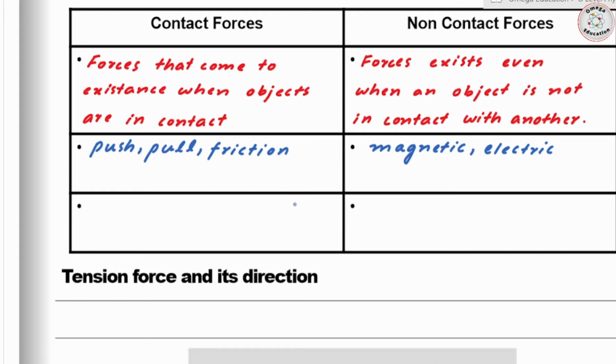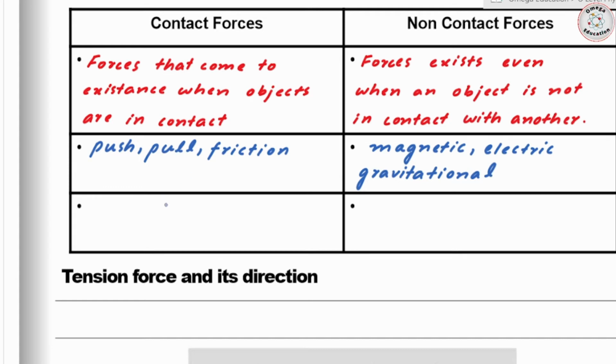The magnetic material will be attracted towards the magnet even if the magnet is not touching that material. So is the gravitational force. I mean, even if Earth is not touching an object in the air, still if you leave the object, it'll be attracted towards the Earth. So gravitational force is also a non-contact force.